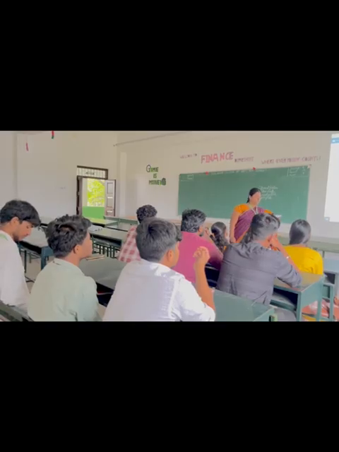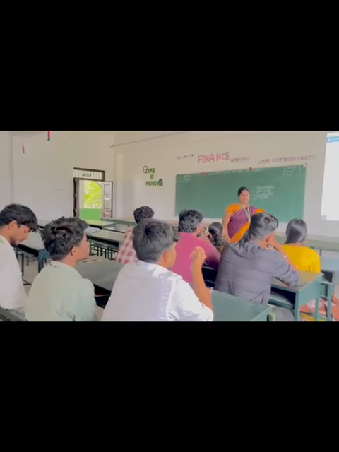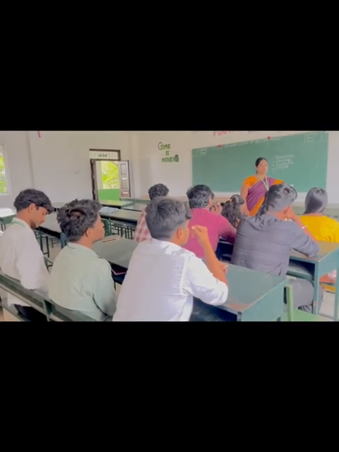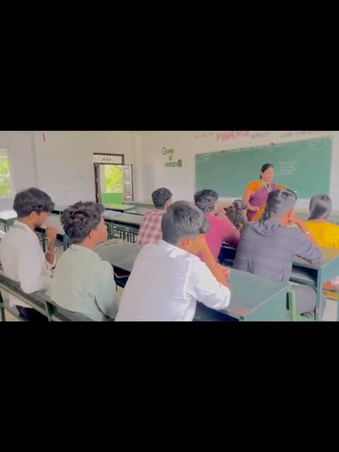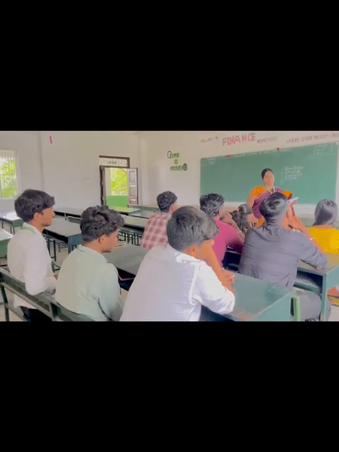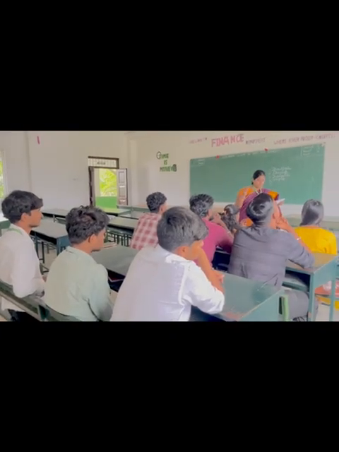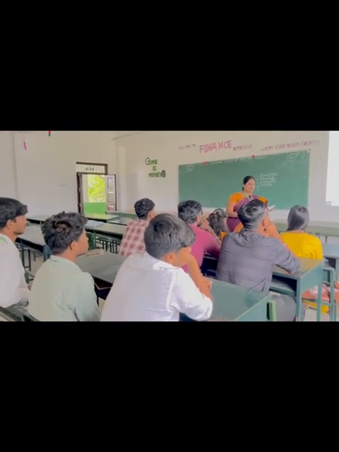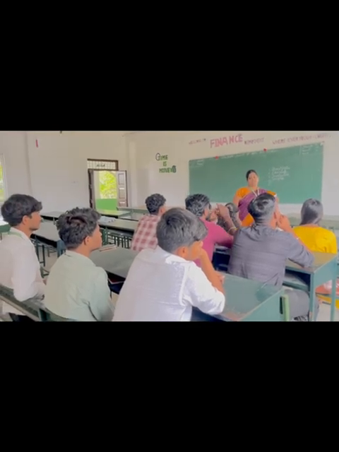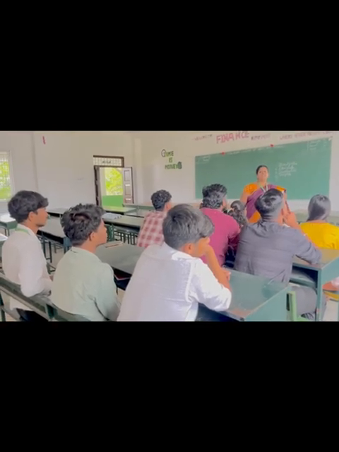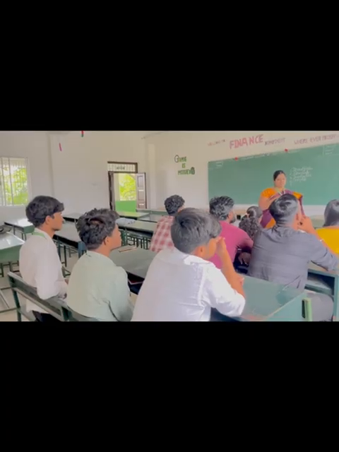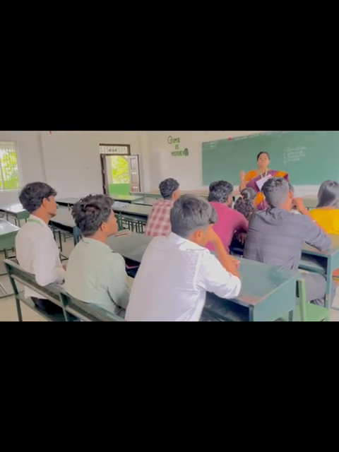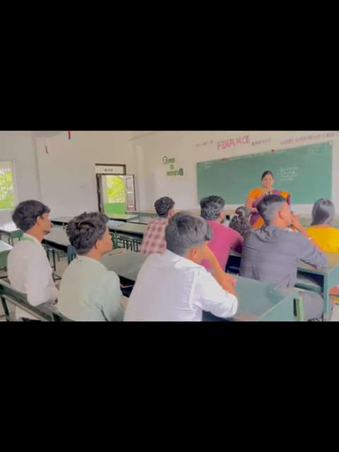Listen carefully: putting your money to use in order to make more money on it. What is that? Investing. If I have 1 lakh rupees and I keep that in my wardrobe, will that money grow?